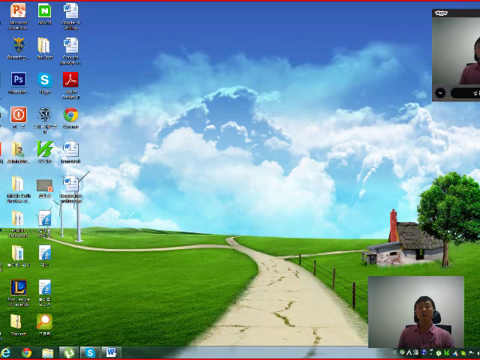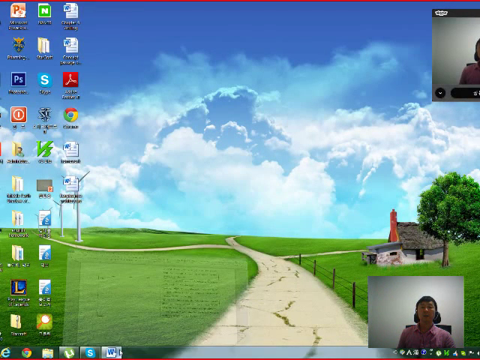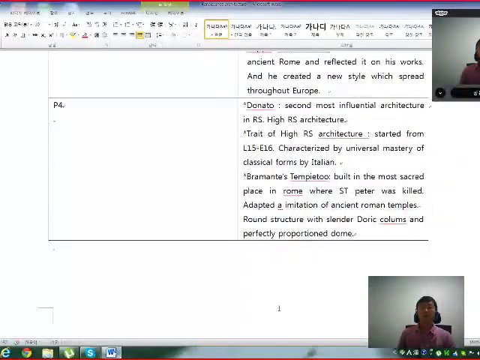Why don't you open your document again and review it one more time? Round structure, slender Doric columns, and perfectly proportioned dome. Three. So if we want to make it simpler, we can say round structure, columns, dome.